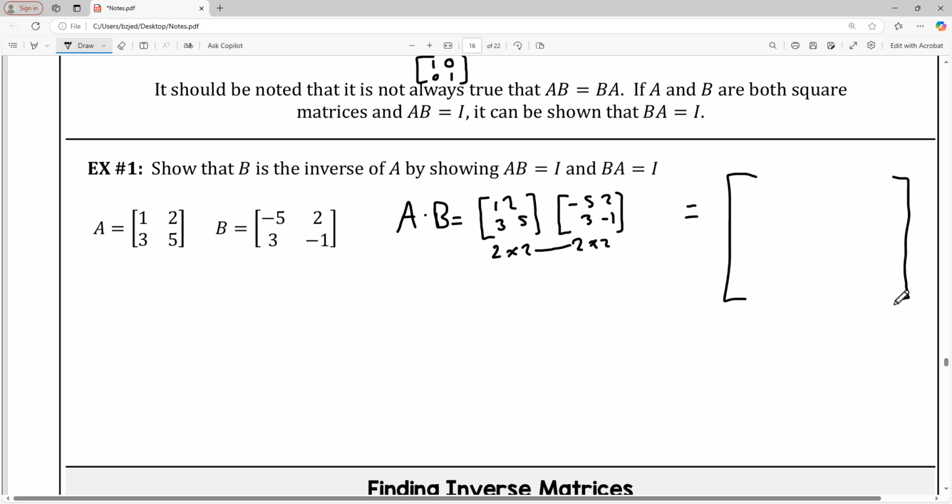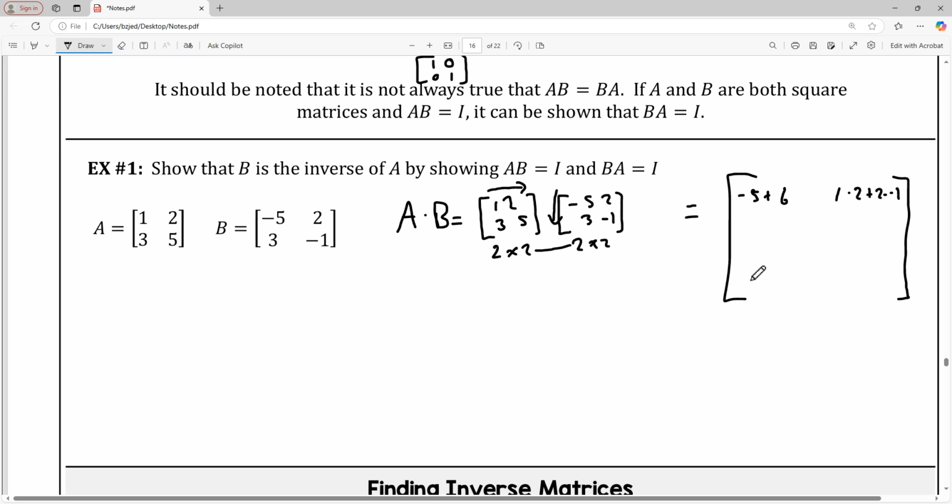If I want the element in the first row, first column, I'm going to go first row and first column. So I'm going to do 1 times -5 is -5 plus 2 times 3 is 6. Now to get the element in the first row, second column, I'm going to go 1 times 2 plus 2 times -1.